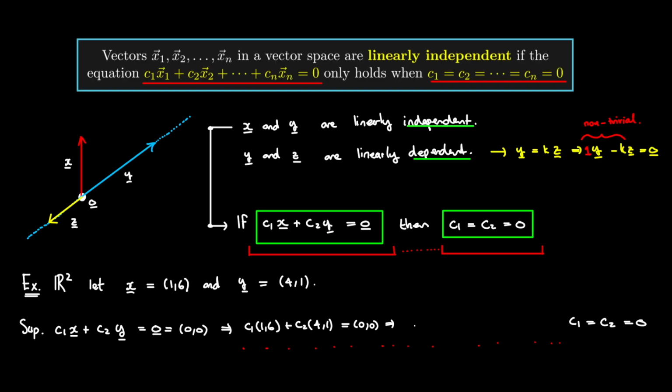So here we're going to get C1 times 1 plus C2 times 4. That's the first component; I'm just adding the first components here, doing it in 2 steps. And then the second component is going to be 6 times C1 plus C2. That must be equal to the 0 vector. Okay, so I can erase this now.